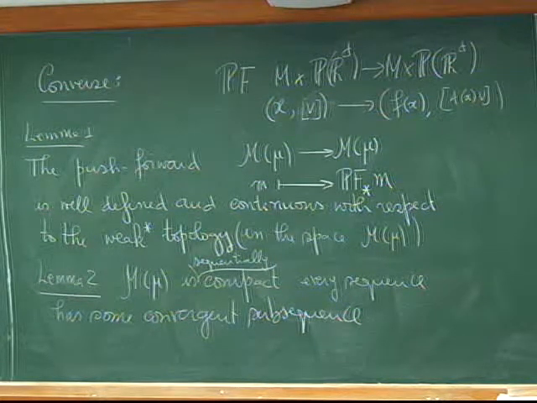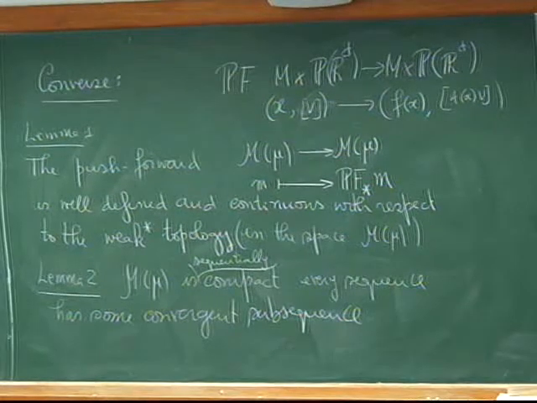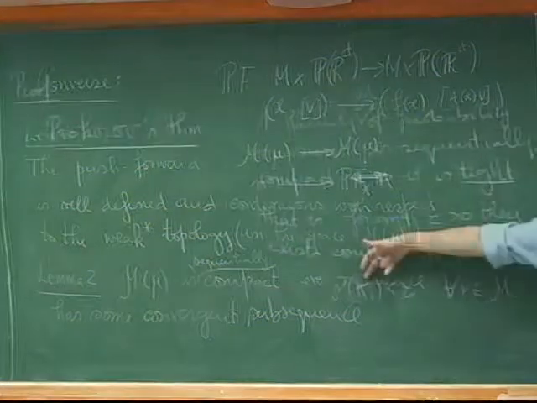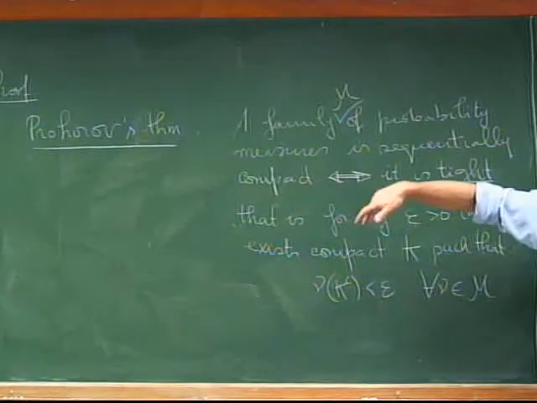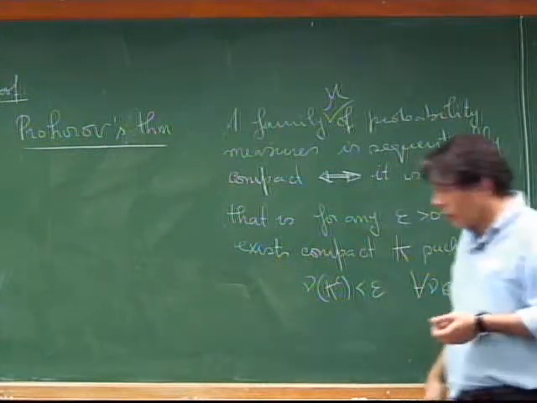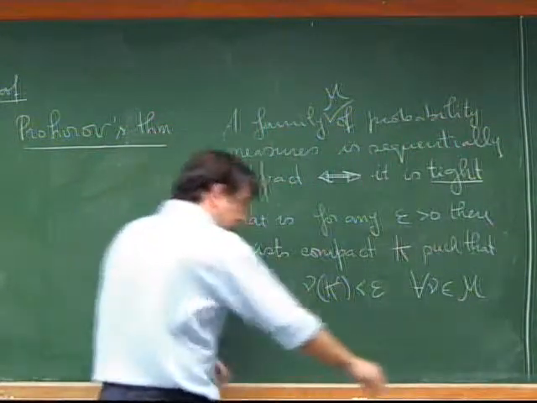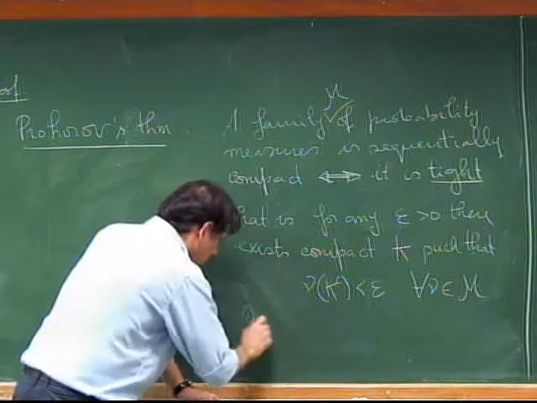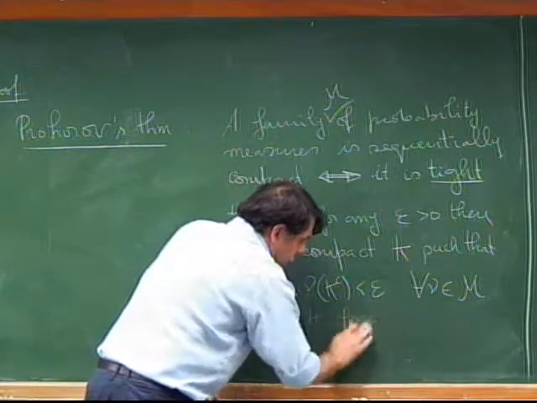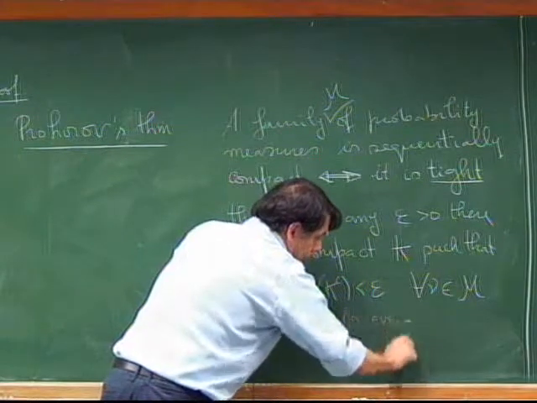Then this is a definition for a family of measures. A family of measures is tight if you can find the compact that is good for all of the measures in the family. Okay? The point here is that the same compact set, same K, works for every nu.